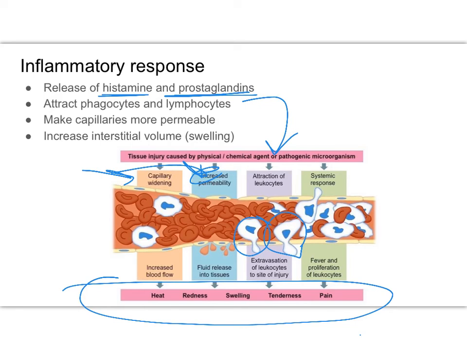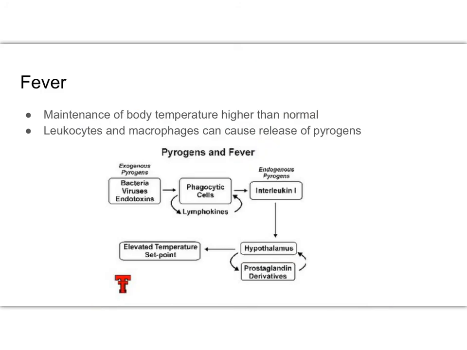The increased blood flow to the area is going to cause the redness, cause the heat. If I've got the increase in swelling, that can make it more tender because everything is basically getting squished. So all of these signs down here at the bottom are signs of inflammation, but they're signs of inflammation because these things at the top are happening.